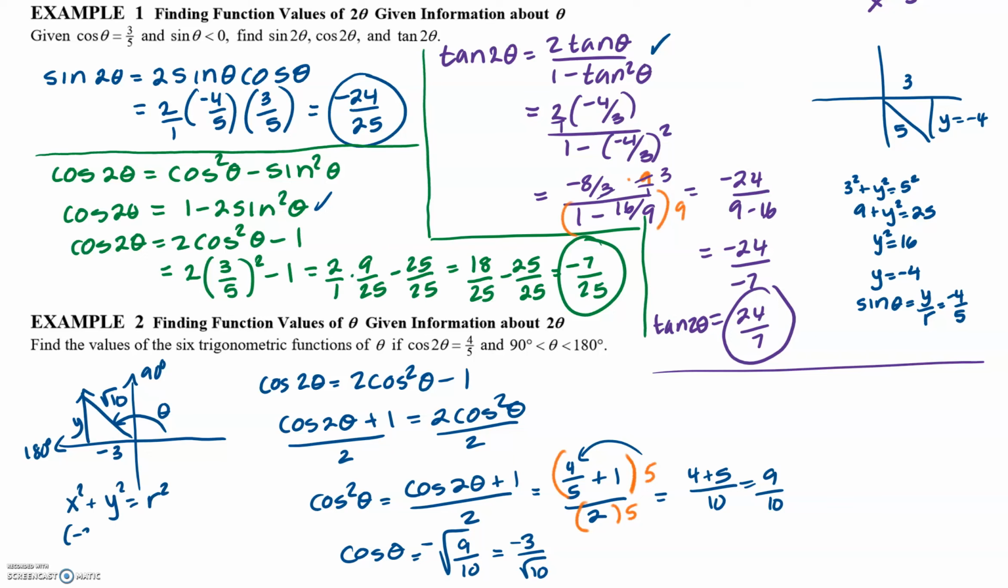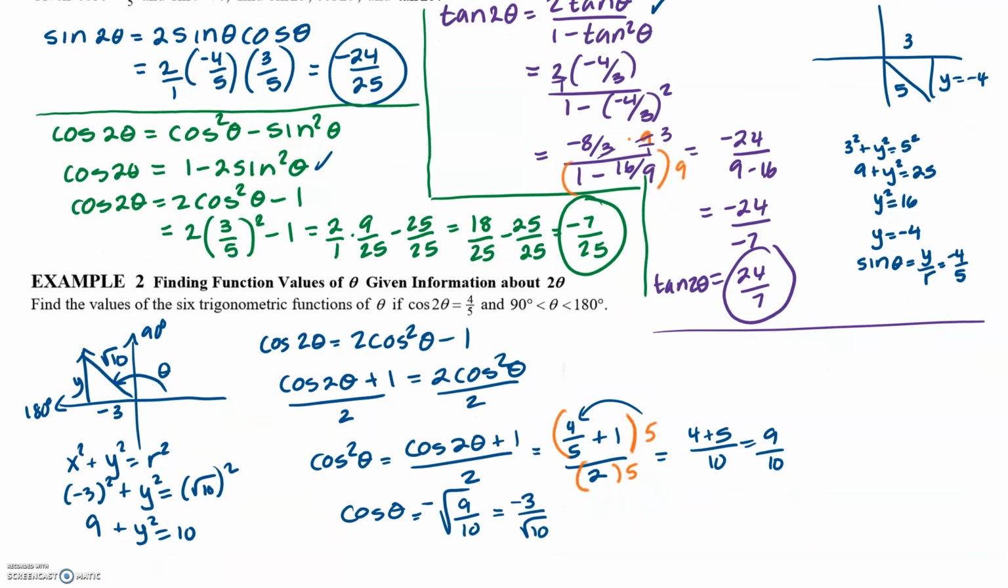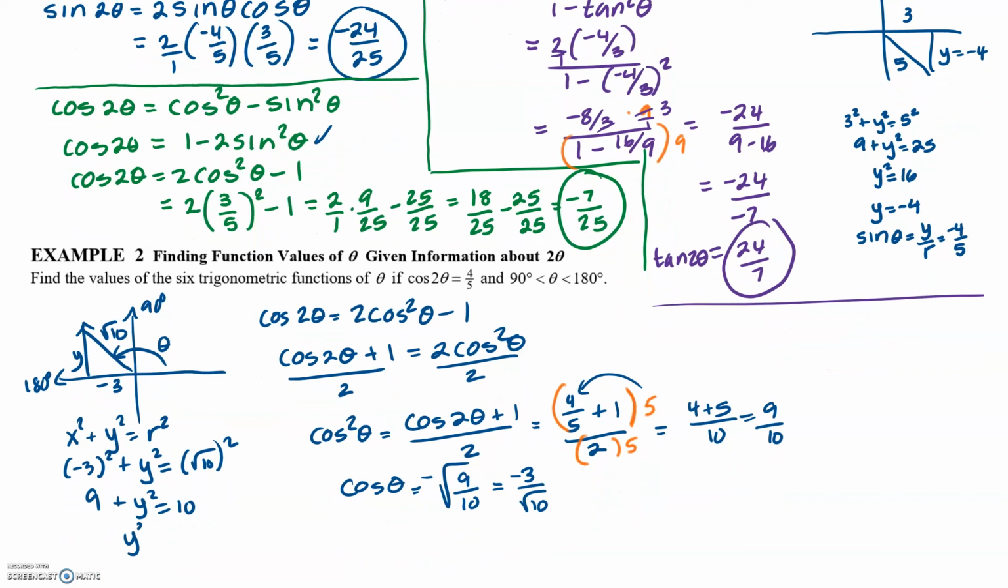So we know that negative 3 squared plus y squared equals square root of 10 squared, or 9 plus y squared equals 10, or y squared equals 1. So we know that y is 1. Put that there, 1. It's a positive 1 because, again, it's in the second quadrant and the y is positive.